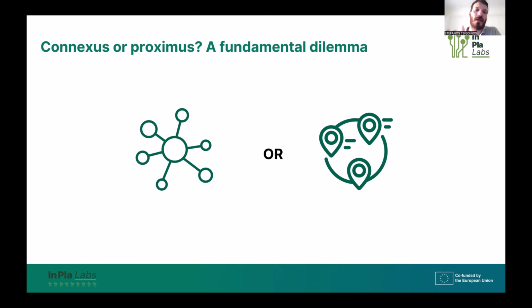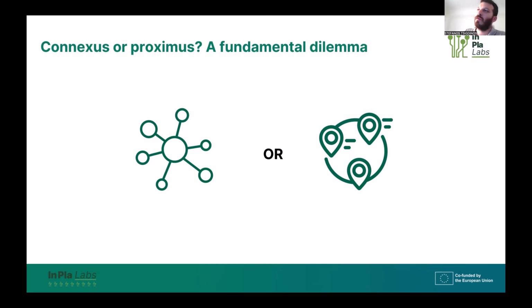We have this connexus or proximus: the way of connecting things, or the approach of building new land uses and new activities that make distances much more reduced, so things are closer to each other. This is a basic dilemma when we talk about integrated planning, because both of them require the other one.